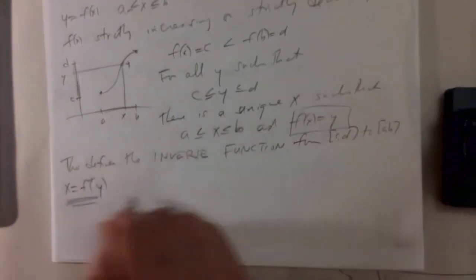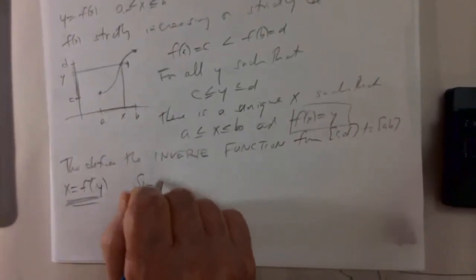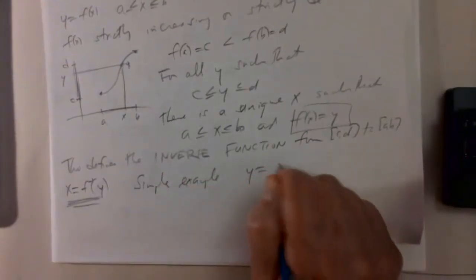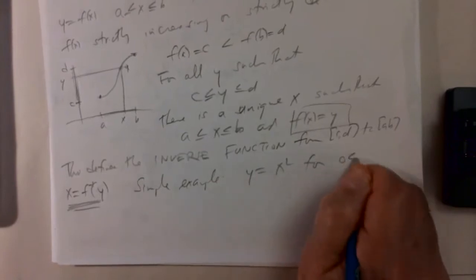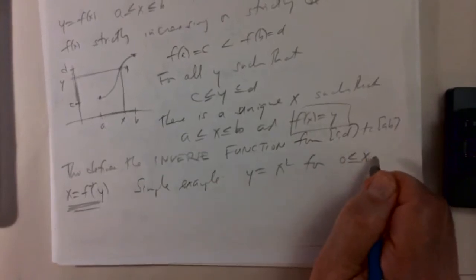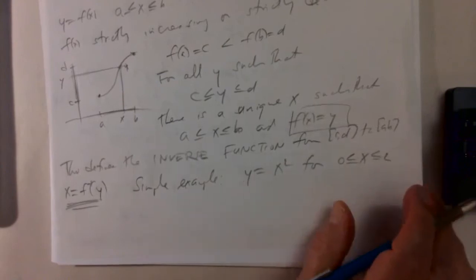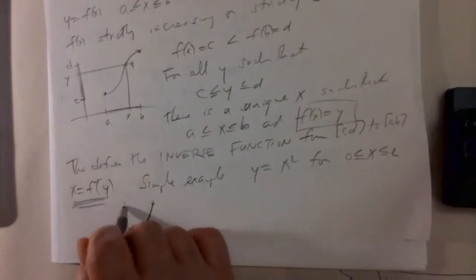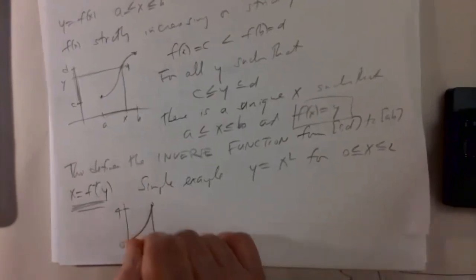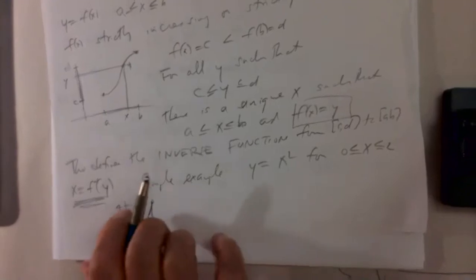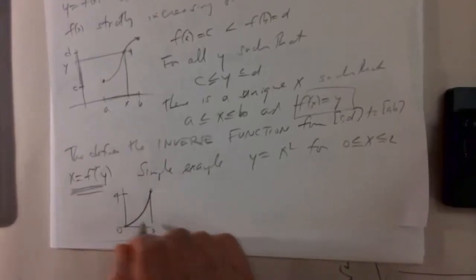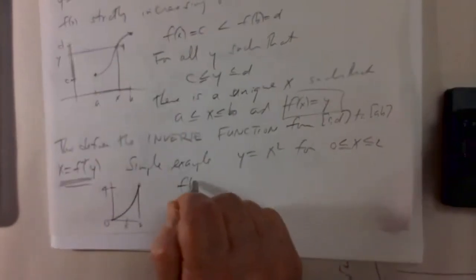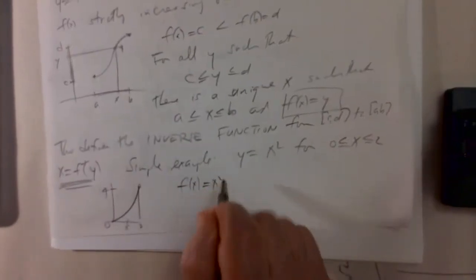Okay. So for example, a simple example, suppose y is equal to x squared for x between 0 and 2. That function looks like this. It's the parabola. So for every x, there's a y. y is equal to x squared. So f of x is equal to x squared.